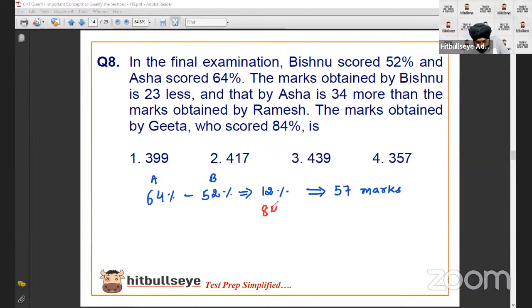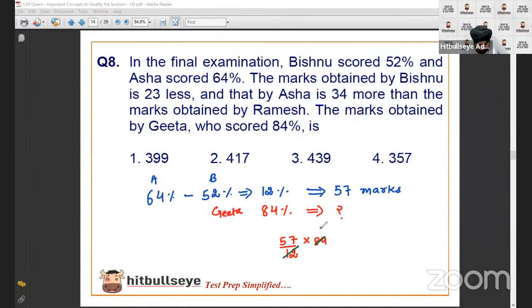So people, Geeta who scored 84% marks gets how many marks in absolute terms? If 12% is 57, so 1% will be 57 by 12, and 84% will be 57 by 12 into 84. We just need to multiply by applying the unitary method.